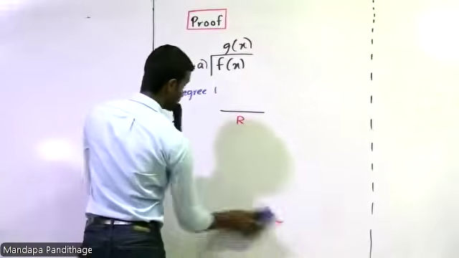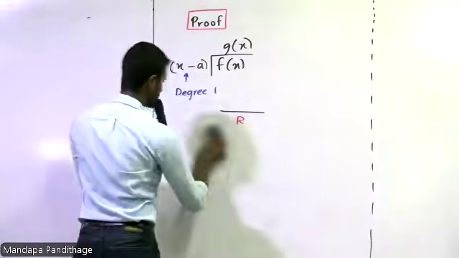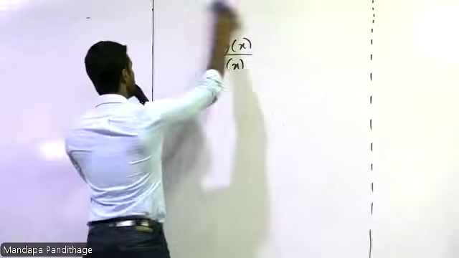Okay, so that is the definition of a factor, not the factor theorem. So what is a factor? The remainder is 0.